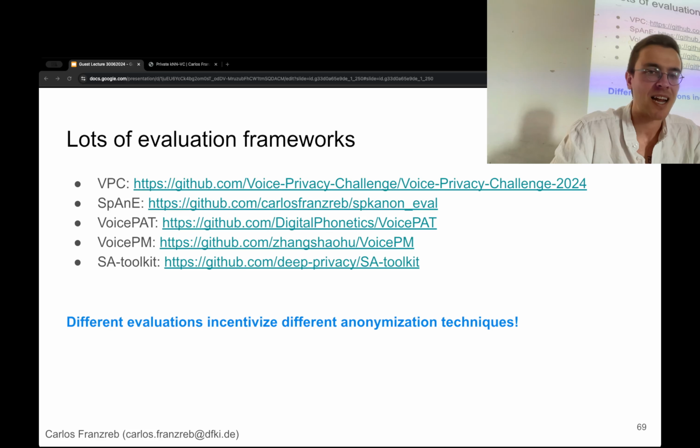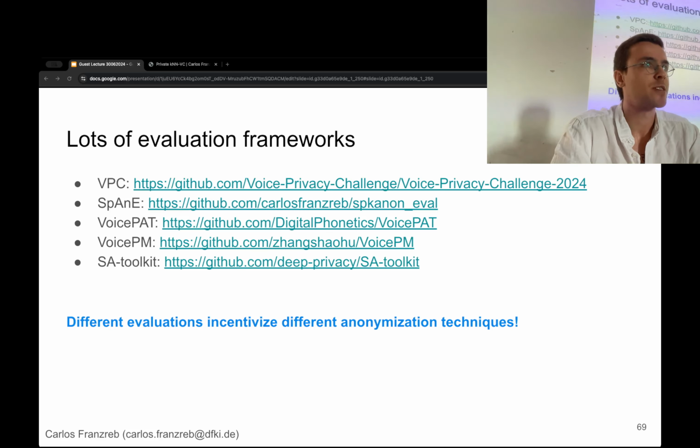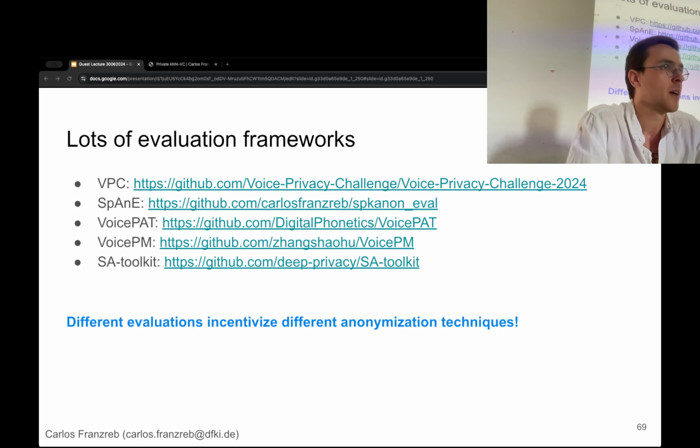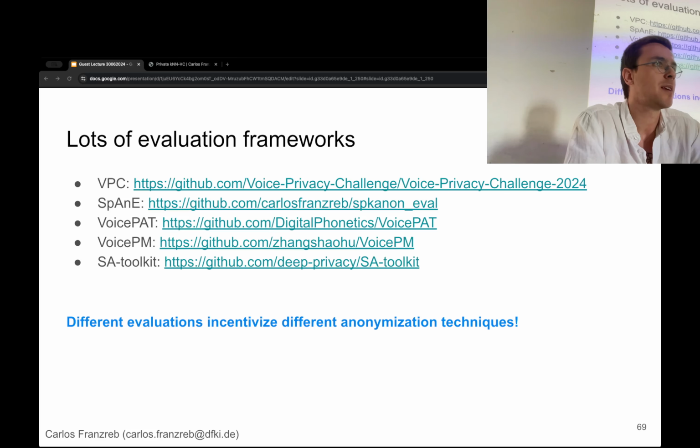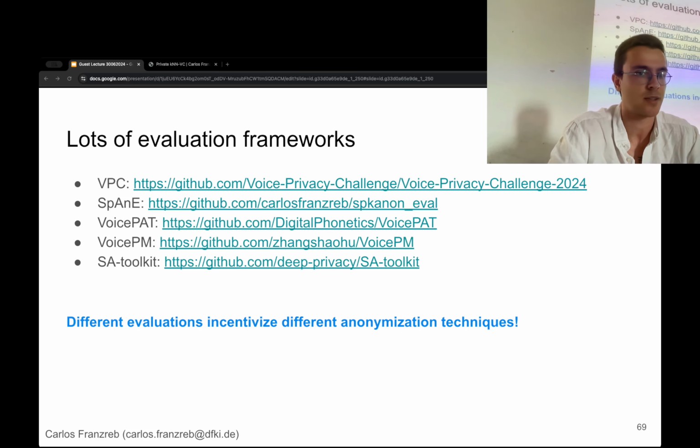But in this scenario, I don't think it really makes sense, because different evaluations will push us towards different research directions for anonymization, right? So if you're only trying to optimize for intelligibility, then STT-TTS is perfect for you. You don't need to focus on prosody, then you don't need to evaluate it.